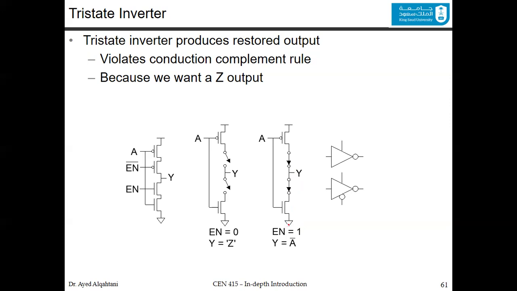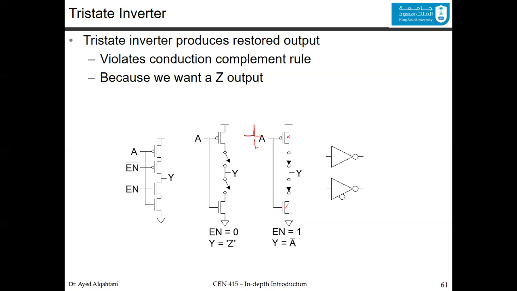And because of this, if you have a noise in the input, it's not going to show in the output because there is no direct connection between the input and the output. Yes, there will be some effect. Maybe, let's say that A is equal to 1, which means this would be off and this is on.